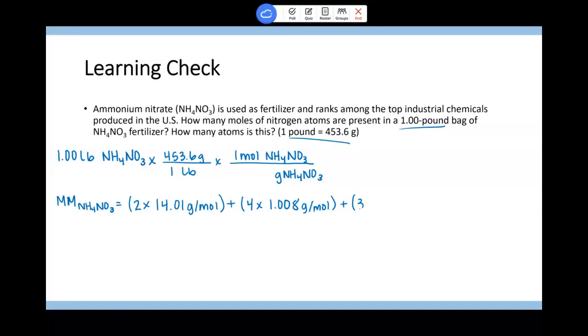And we have 3 oxygen, so 3 times the atomic mass of oxygen. We get a molar mass of ammonium nitrate of 180.052 grams per mole. So now we can plug that into that fraction there.